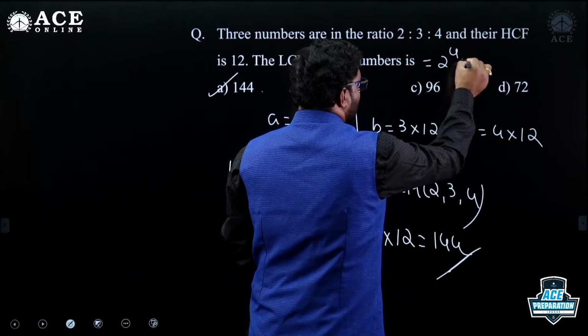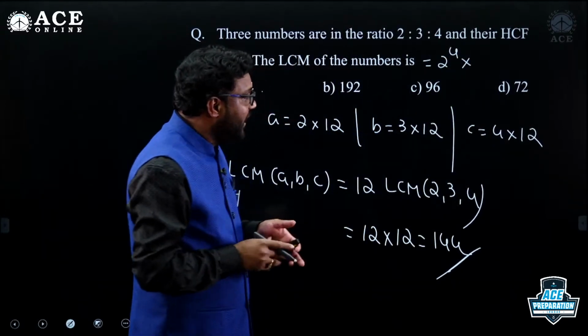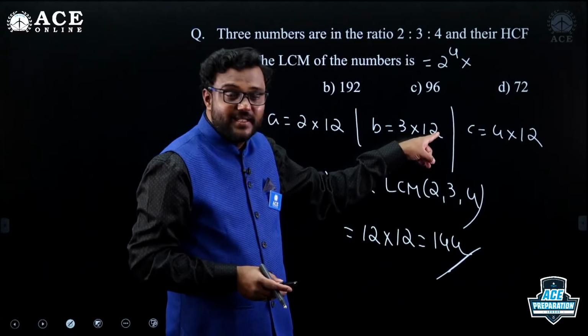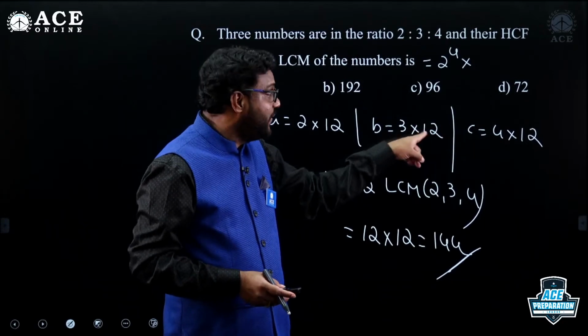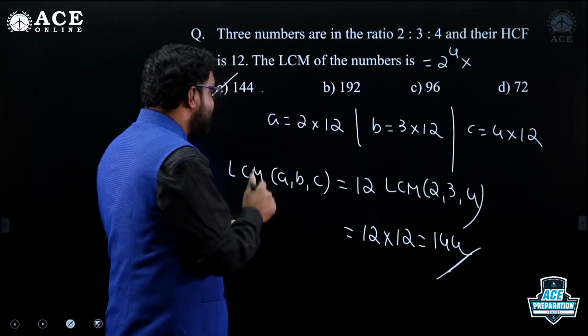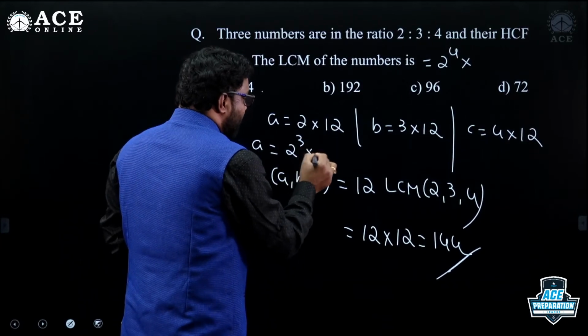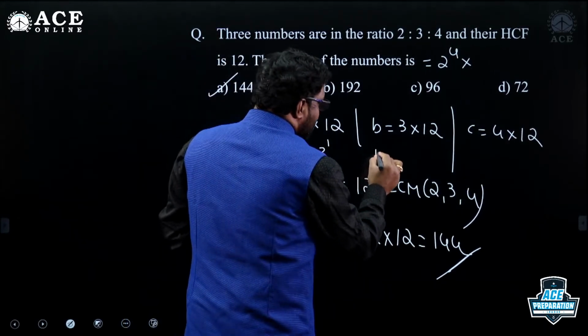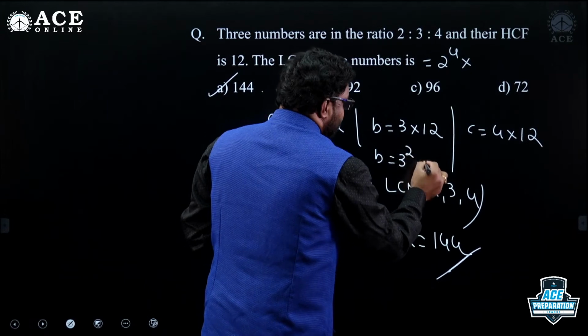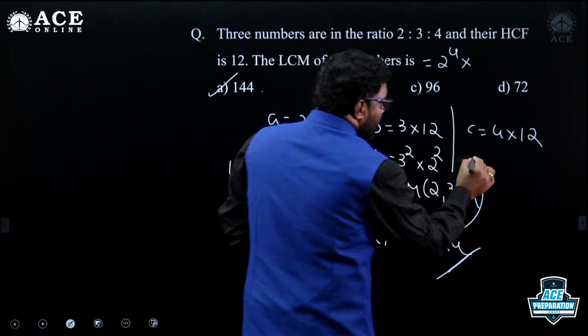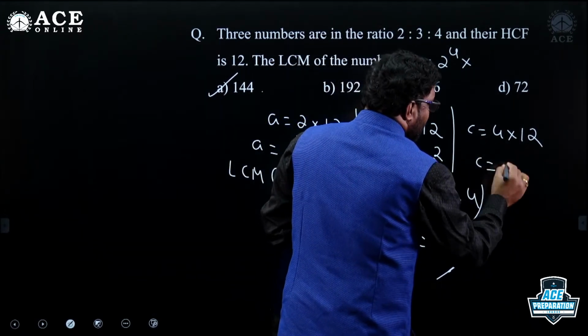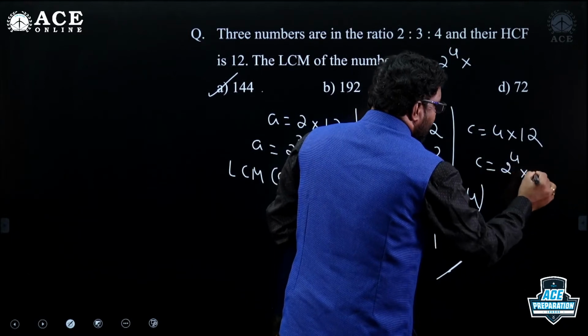The highest power of 3 available here: 12 is 3 into 4, so 3 square will come. Writing given numbers as prime number powers: this is 2 cube into 3 power 1, this is 3 square into 2 square, and this is 2 power 4 into 3.